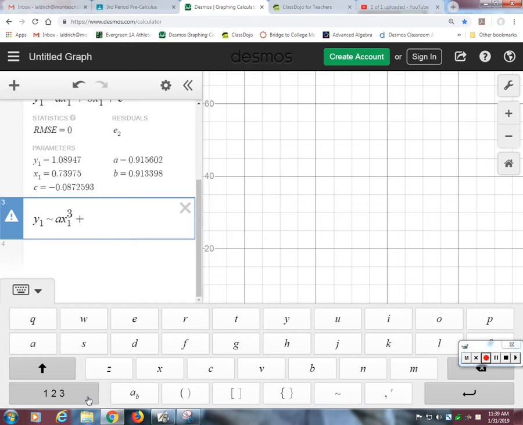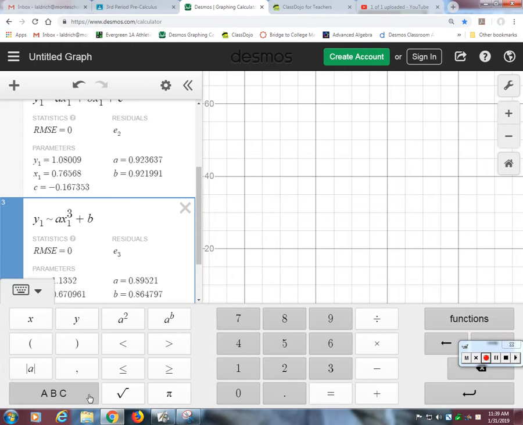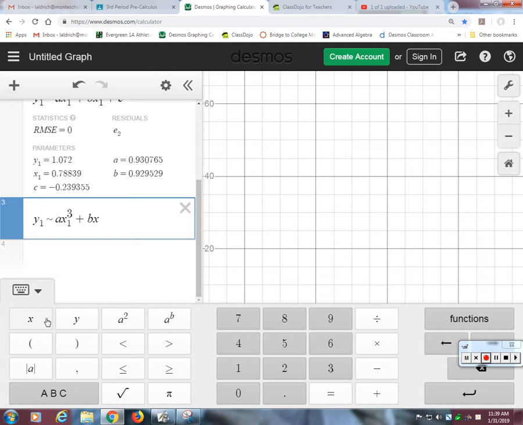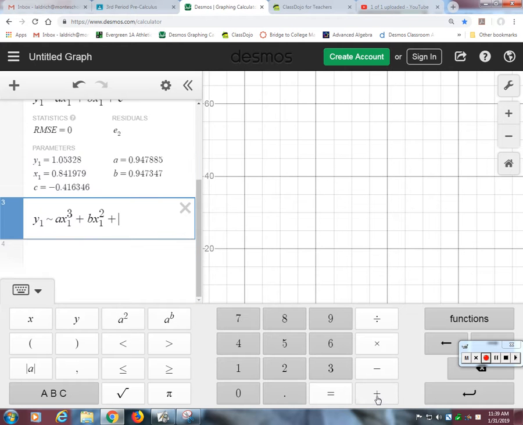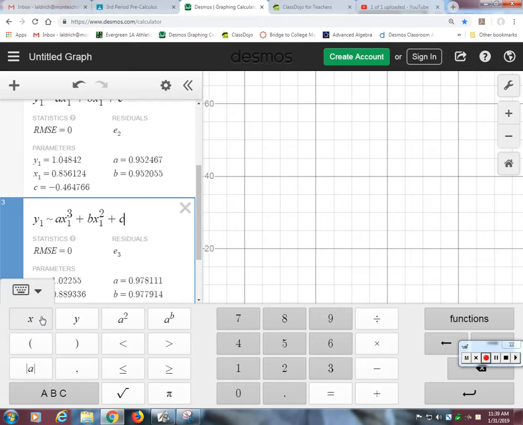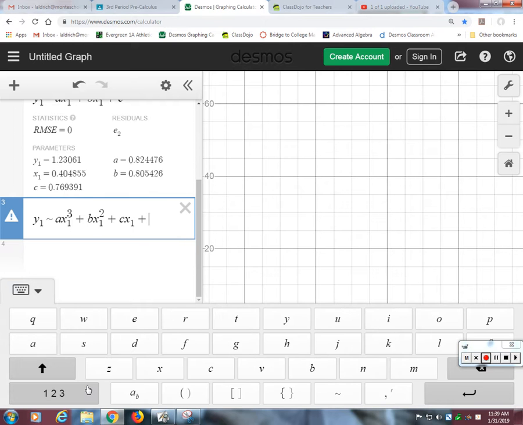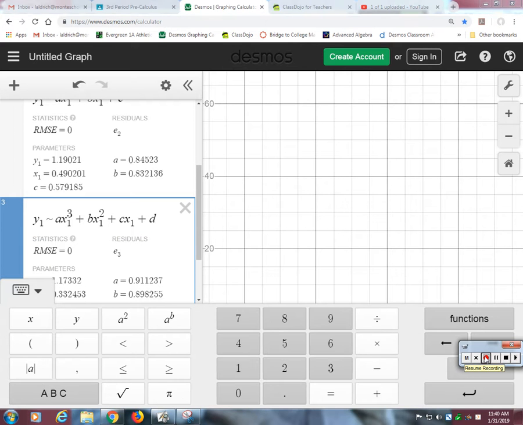And then go plus b x1 squared plus c x1 plus d. With that, you need to get back out of it.